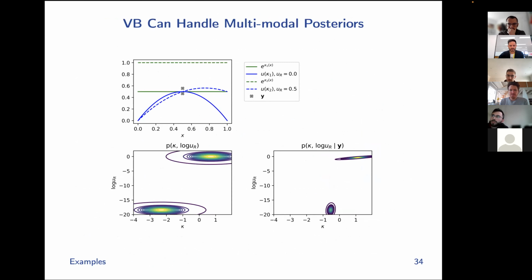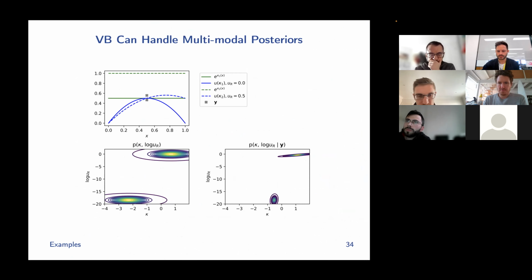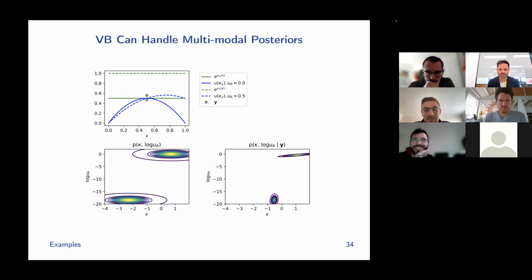So for the Q, the approximating distribution, we had a mixture of two bivariate Gaussians. Okay, and so you need to make an assumption on the number of modes you expect to find. Yeah. And this is a very artificial example. We knew we expected there to be two modes.